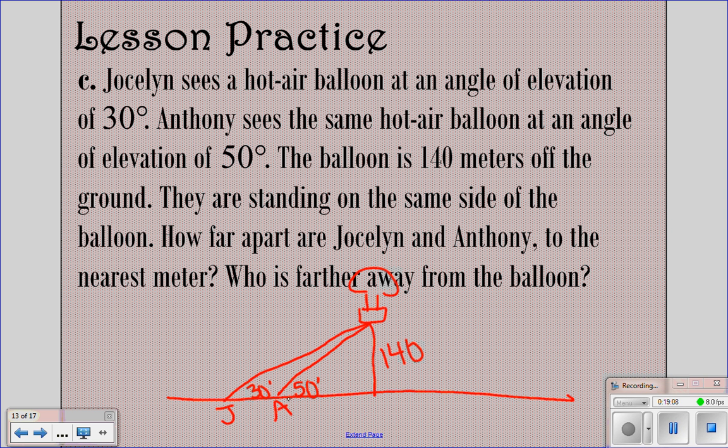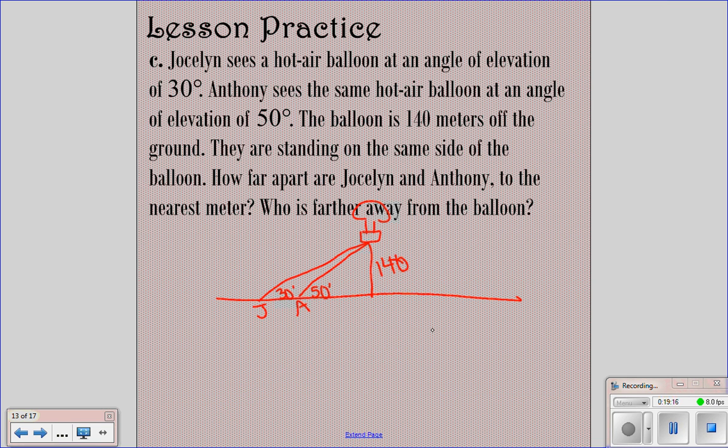So we have the height here, and so we're going to use sine. So we're going to say the sine of 50 is 140 over A for Anthony. And so A sine of 50 equals 140. And so divide by sine of 50.